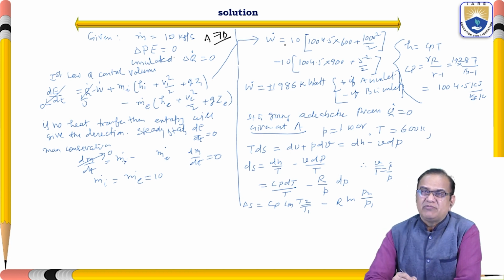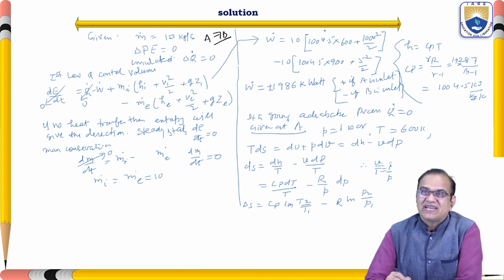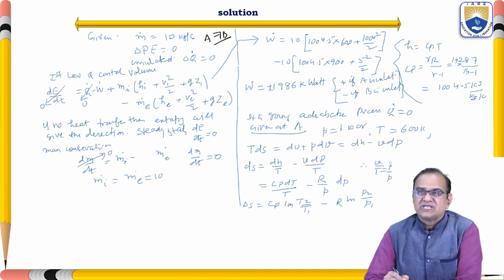So here W dot is equal to 10 into h_i, which we can take as 1004.5 into 600, plus V is equal to 100 square by 2.